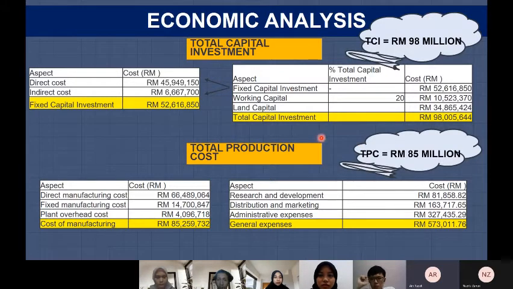Fixed capital investment is made up of direct cost and indirect cost, which are 45.5 million and 6.6 million respectively. Next is the total production cost, which involves the cost of manufacturing and general expenses. We spent around 85.2 million on manufacturing costs, while for general expenses we spent around 573,000.